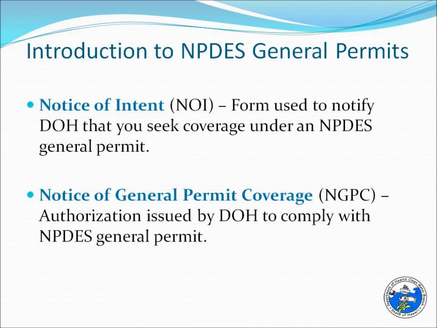After the Clean Water Branch reviews your NOI for completeness, and if we decide that your project, facility, or discharge should be covered under the general permit, we will issue a Notice of General Permit Coverage or NGPC. A NGPC is an authorization issued by the Department of Health to comply with the NPDES General Permit.